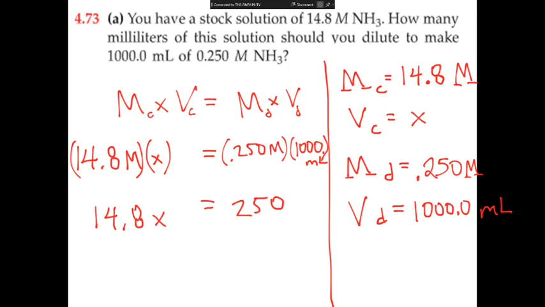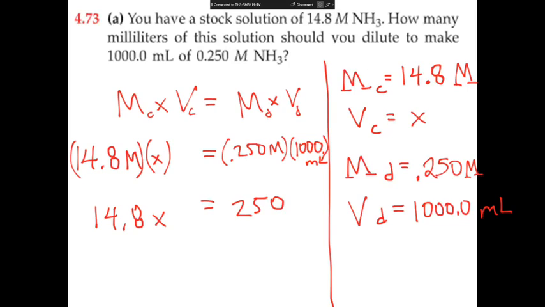Looks like I need sig figs. How many sig figs should I probably round my answer to in this one? If you could look back up at what's given in the question. Shelby, look up at the question. Based on that, how many sig figs do you think I need for my answer here? I'm going to go with 3 because 14.8 has 3 sig figs. 1,000.0 actually has like 5 sig figs.